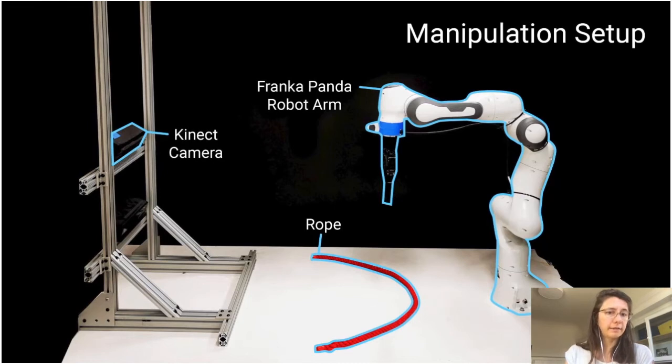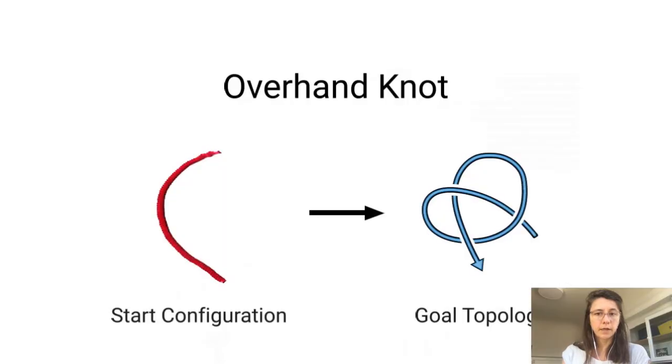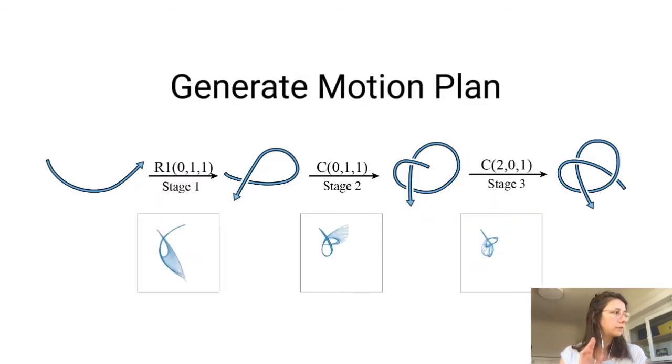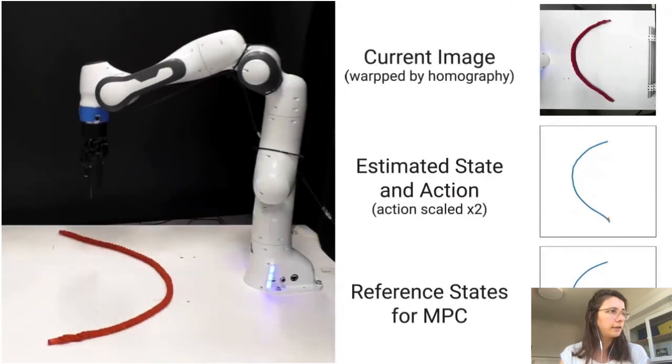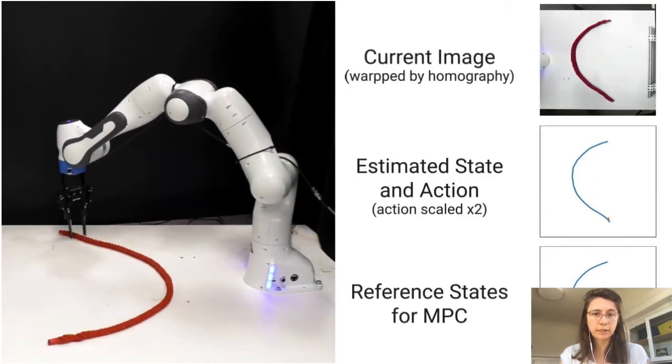Our method is able to plan for an overhand knot within 1 or 2 minutes and execute the plan on a real robot. On the top right, we show the RGB input to the robot.